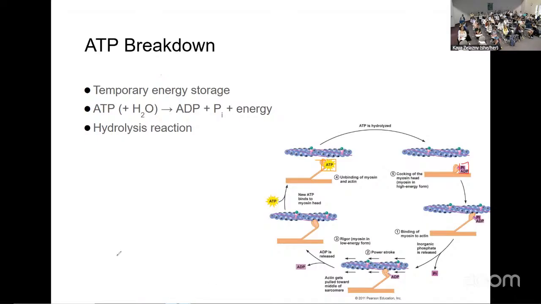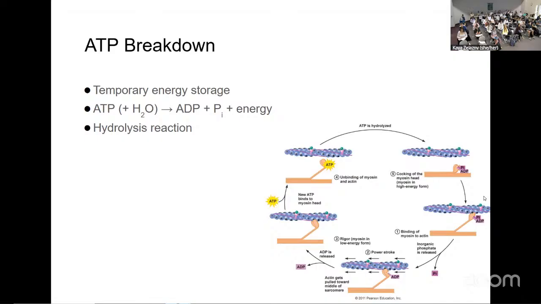So ATP is a temporary way that we store energy. ATP is small, we can move it around the cell pretty easily, it can bind into all sorts of receptors easily. It's useful for us. And so when we break down ATP, we're just going to do the reverse of how we formed it. So we take our ATP, our adenosine triphosphate, with its 3 phosphate groups.